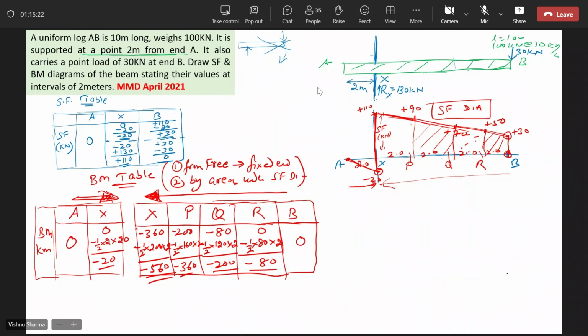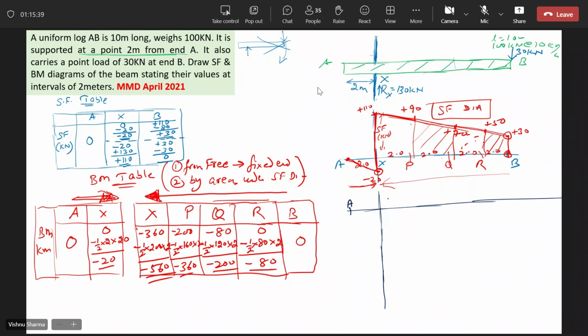Now we'll make the BM diagram. As I have already suggested, I strongly recommend that you make the y-axis in line with the support. Now I have all minus, so there is no reason for me to have anything above this.